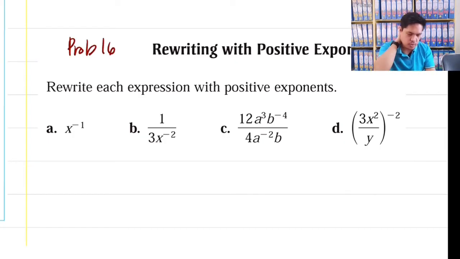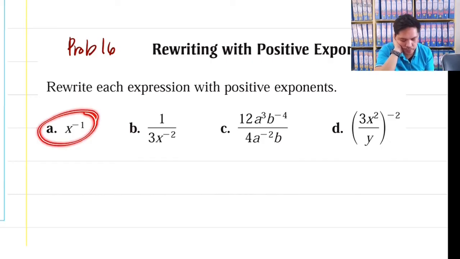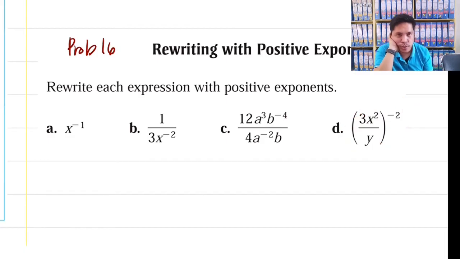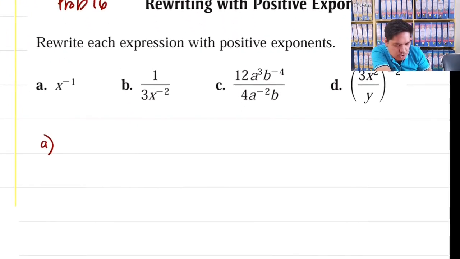So, given are exponential expressions with negative exponents. So, all we need to do is to change this into positive exponents. Okay? So, for letter A, sobrang dali. What should we do with letter A? You just take the reciprocal. That is just 1 over x raised to 1, or 1 over x.